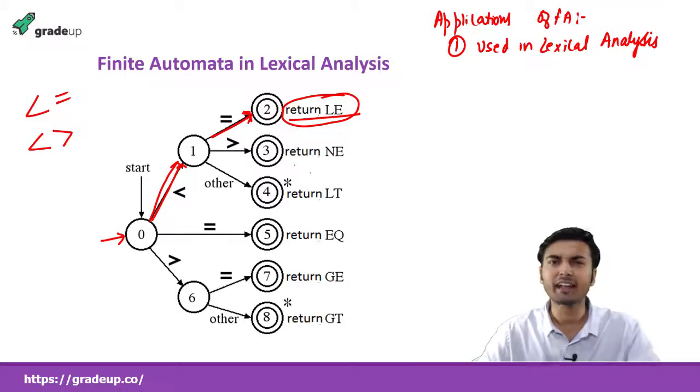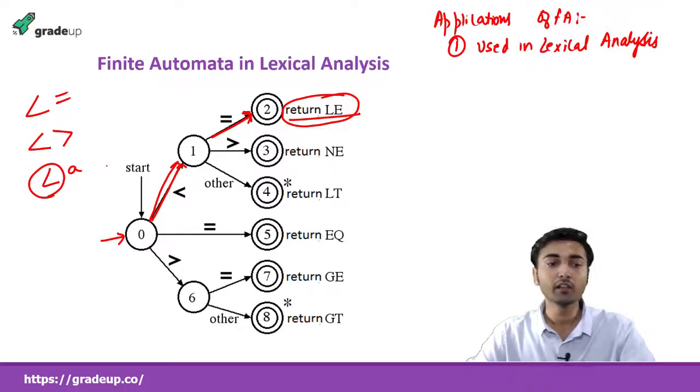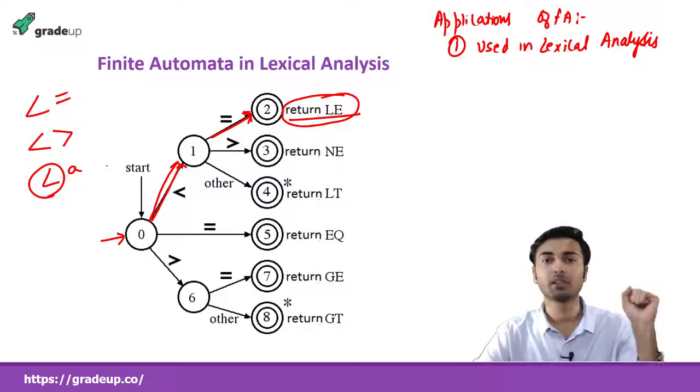Similarly, if you got anything other than that, return less than. Suppose you got less than A, so you simply return less than, nothing other than that. Similarly for equal to, greater than equal to, not greater than, and so on. Got it? So this is the finite automata application.